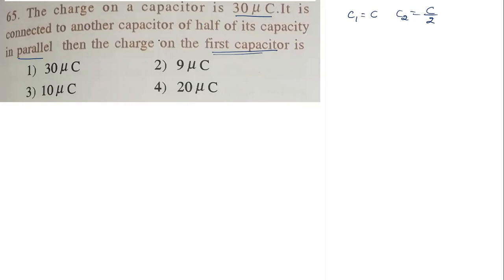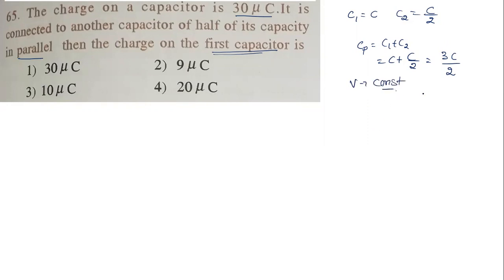Since these two are in parallel combination, effective capacitance is C1 plus C2, C plus C by 2, which will be 3C by 2. Since they are connected in parallel, voltage remains constant.